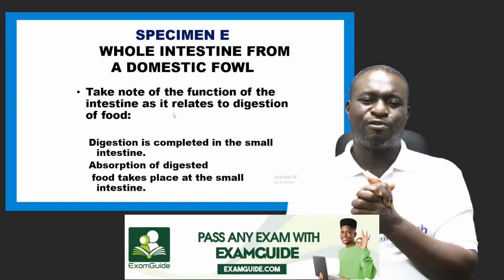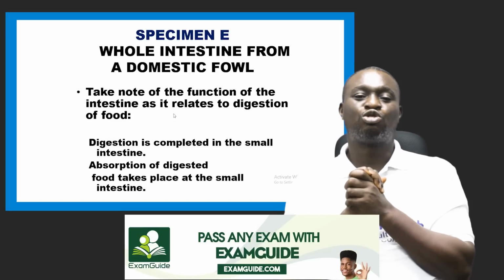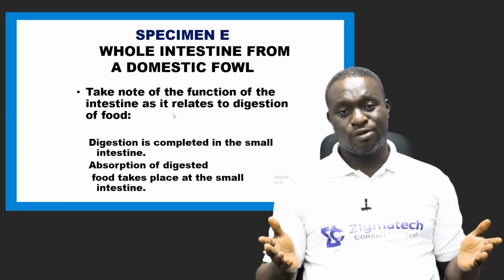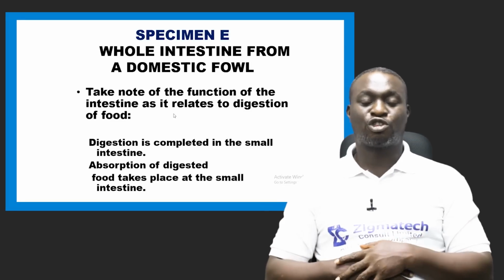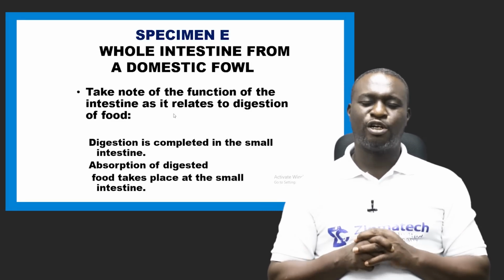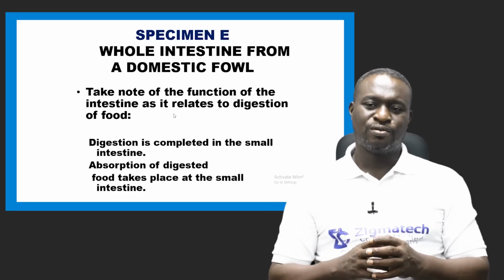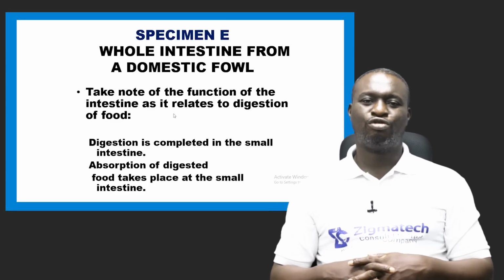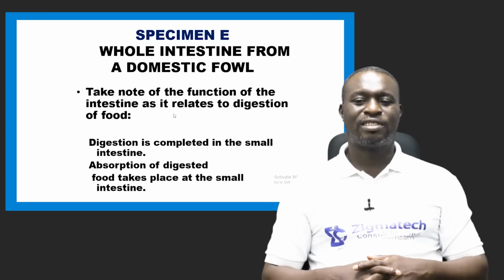And like I said before, the intestine carries out two major functions. I'm talking about the ileum. It carries out two major functions, mostly in humans. And the two major functions are, number one, digestion is completed in the small intestine. And then number two is that absorption takes place.